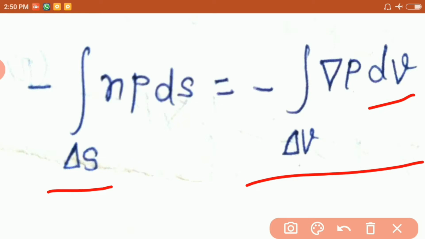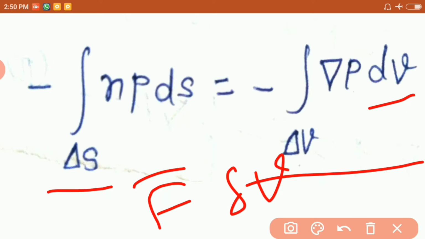Let F be the body force per unit mass at any volume element delta V of the particle.